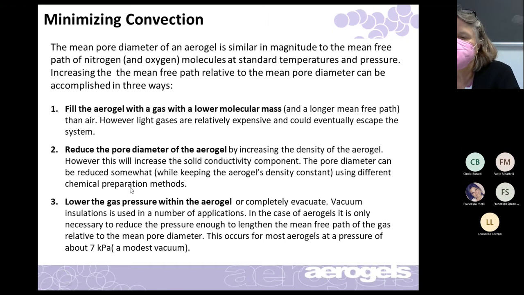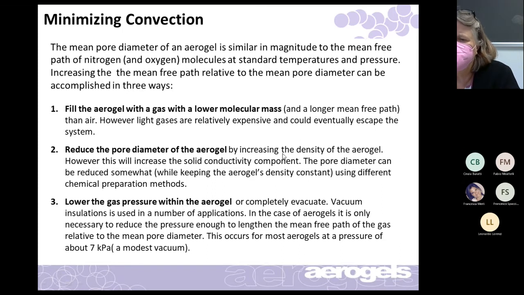One of the most effective ways to lower the gas conductivity in an aerogel is to lower the gas pressure, or evacuate. There are a lot of vacuum insulation things used. In an aerogel, it's necessary only to reduce the pressure. You don't need a very, very low vacuum. You need a moderate vacuum. About 7 kilopascals gives you pretty good performance. And I have a plot also of that.